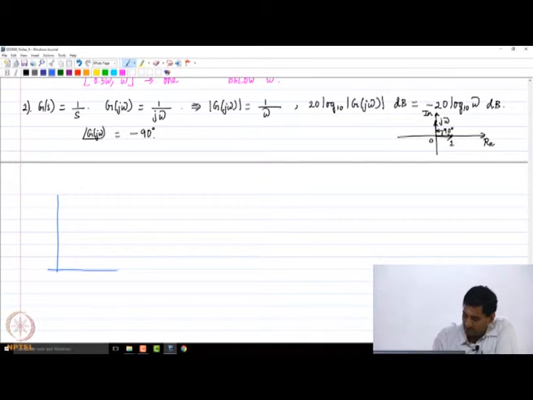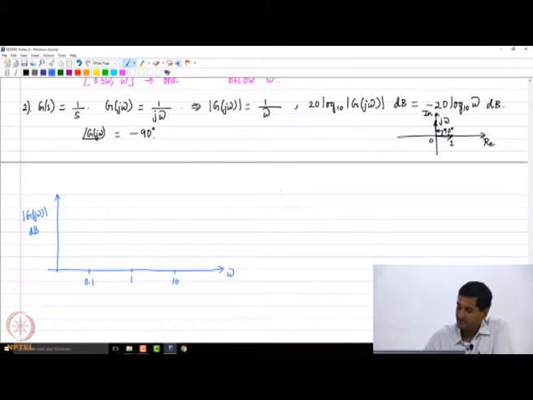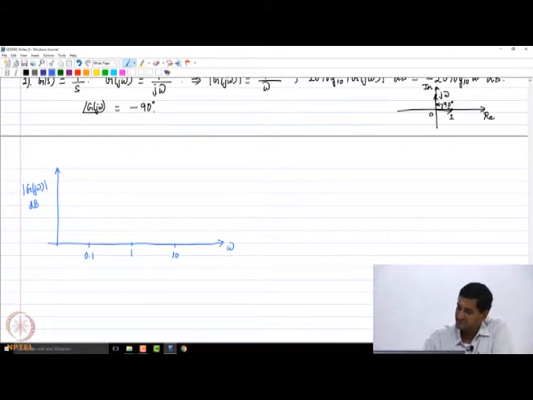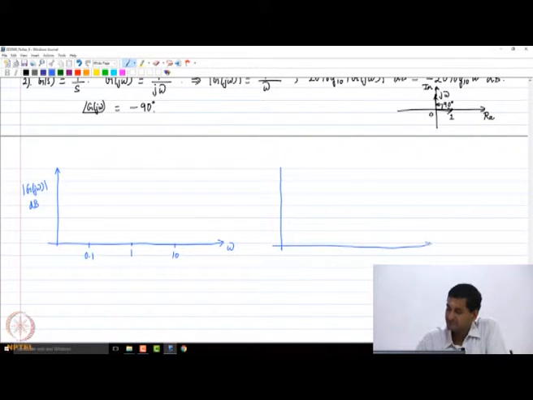And then see how we get those values. So let us say I start with 1, I go to 10, then I go to 0.1, and this is the magnitude of G of j omega in decibels. Similarly, we have the phase diagram. The phase diagram is pretty easy to plot here.